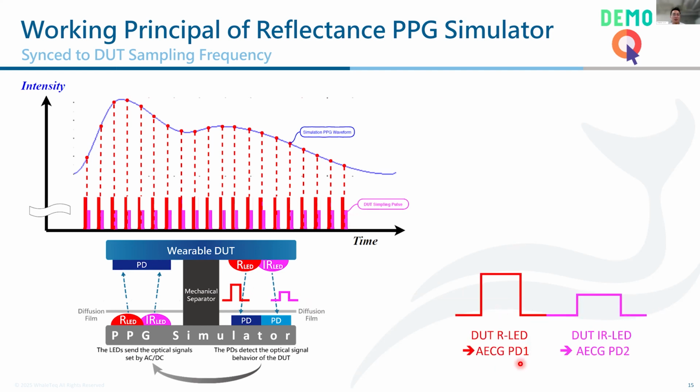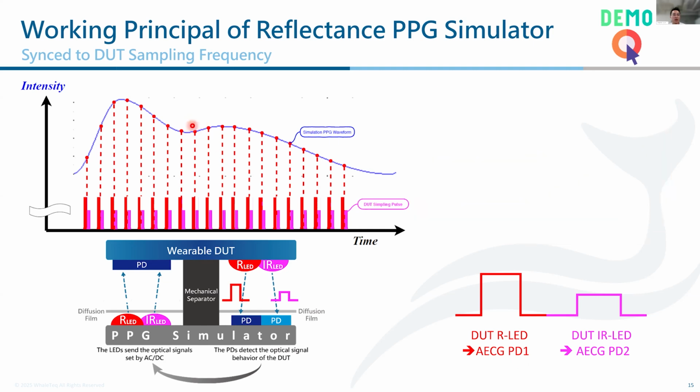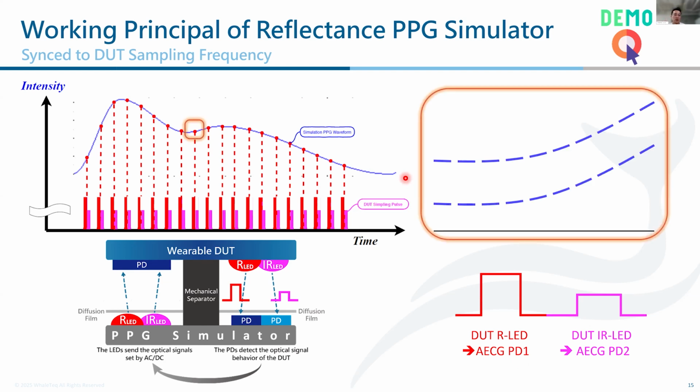You can see also on the PD of the ACG, as I showed earlier in the schematic, we have a PD sampling window to plot the LED intensity from the wearable device under test. As we are speaking, we are trying to sketch the curve. The whole curve is what you can set and play from the ACG GUI. At the moment we're trying to sketch this section of the whole curve, the ACG will know the corresponding LED intensity to sketch this curve.